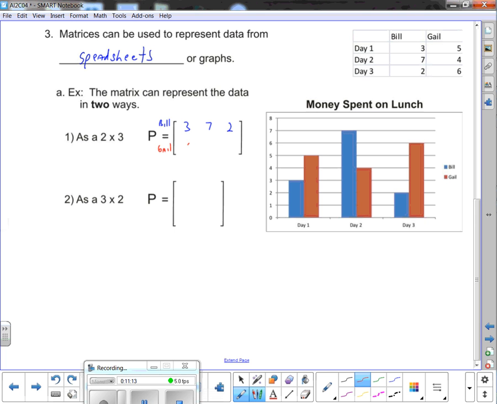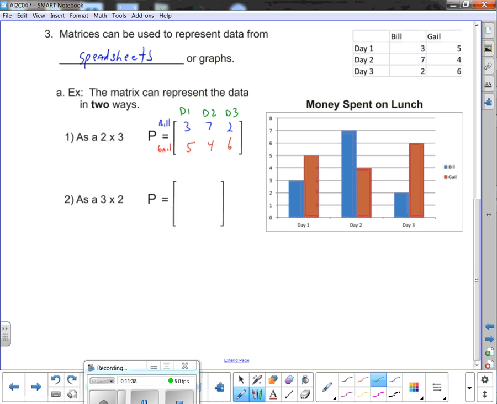And what was Gail? 5, 4, 6. So I made up a 2 by 3, 2 rows and 3 columns. And in this situation, column 1 is day 1, column 2 is day 2, and column 3 is day 3. Row 1 represents Bill, row 2 represents Gail.